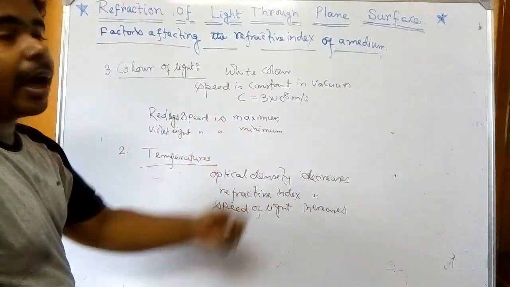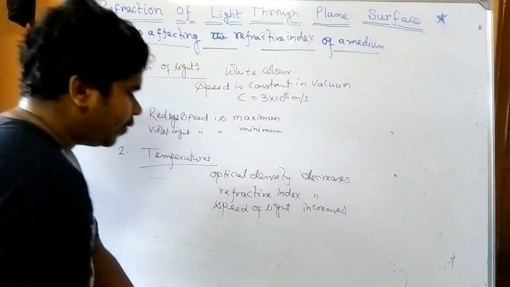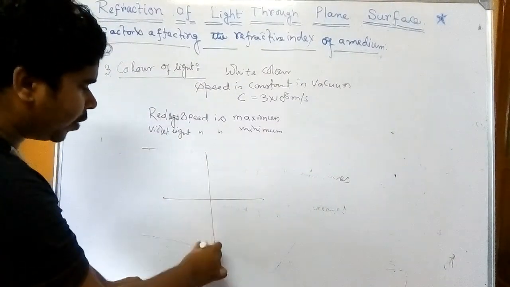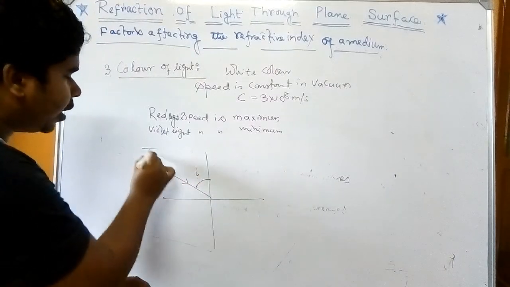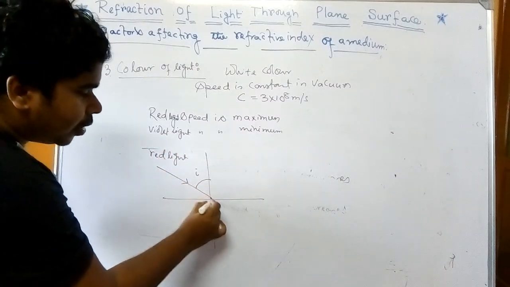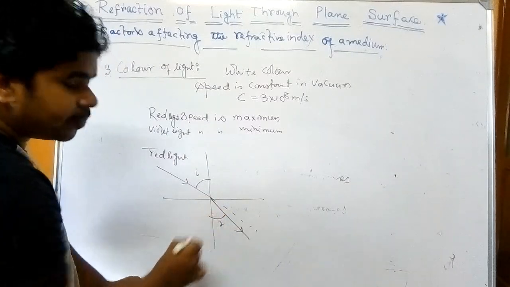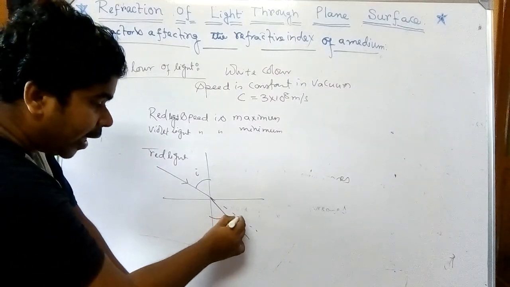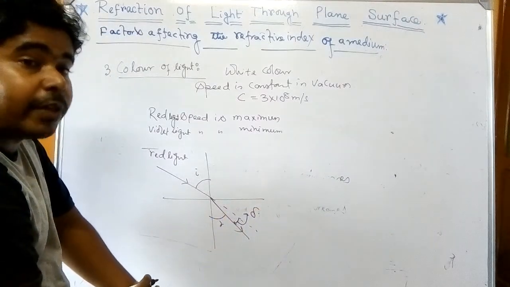So for red light, if I want to find the refractive index, assume I have taken two mediums and we are passing red light through them. We have to mention here it is red light. The path will be this, and that is the angle of refraction. But here we have to give emphasis on the angle of deviation.